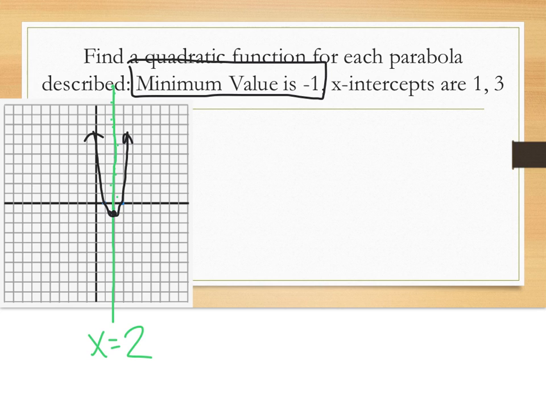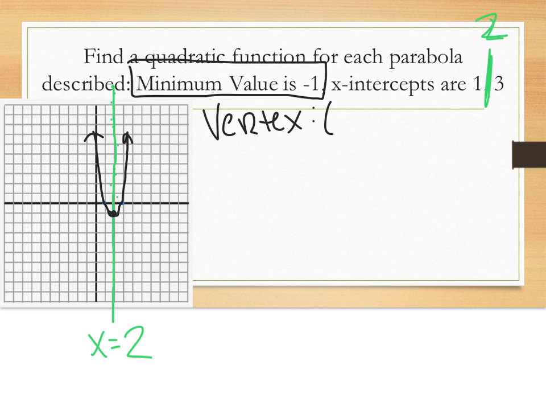Okay? So remember, the x-intercepts help you figure out where that axis of symmetry is. Your axis of symmetry is always going to fall right in between your x-intercepts somewhere. And then the minimum value, so timeout, is going to help you figure out your vertex.